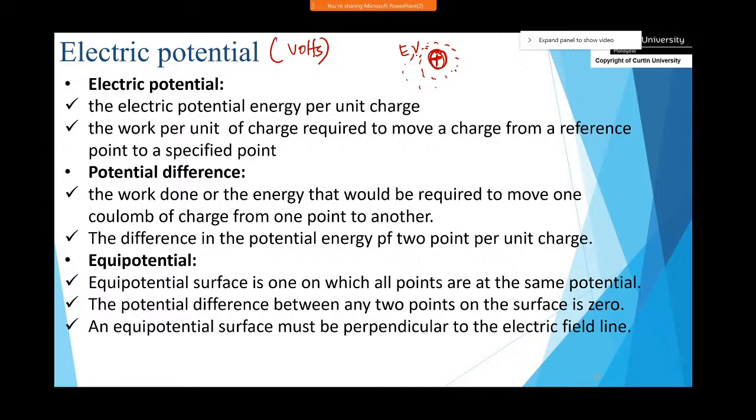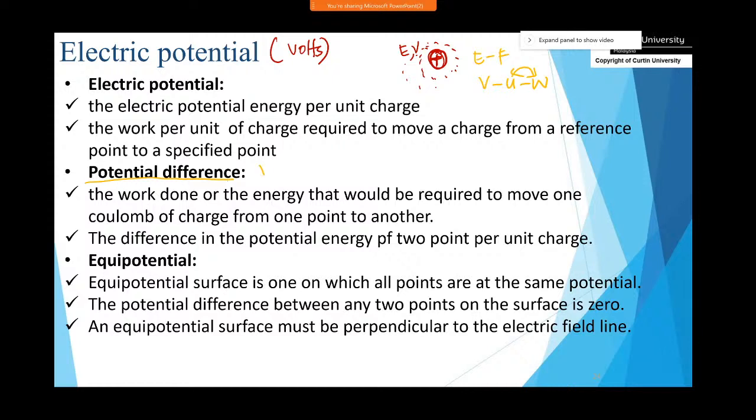So electric potential is related with energy, just like how electric field is related with electric force. Electric potential is related with energy, and energy is the ability to do work, right? Another term you have to know here is potential difference.